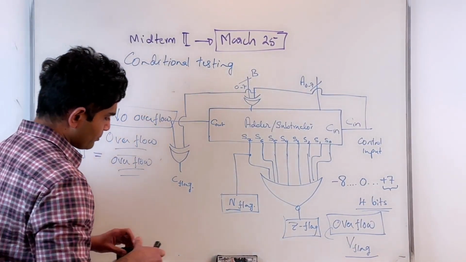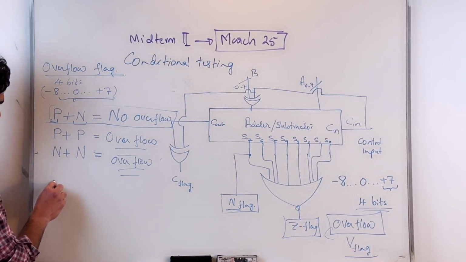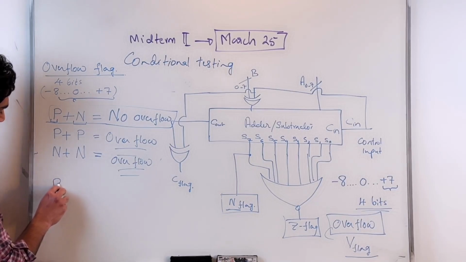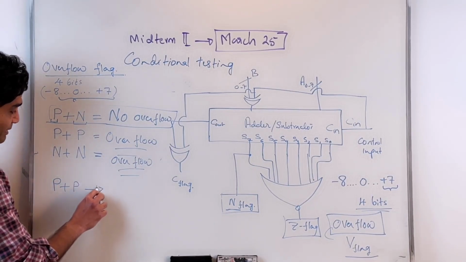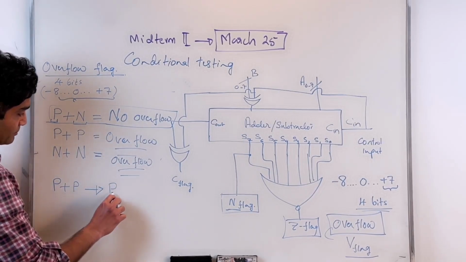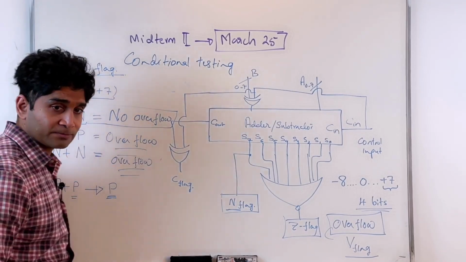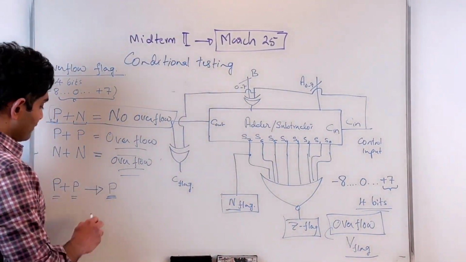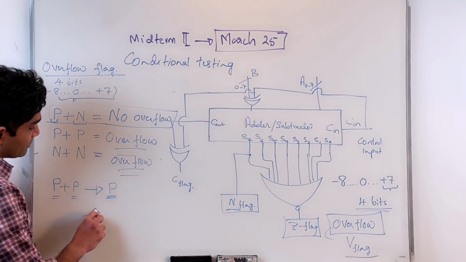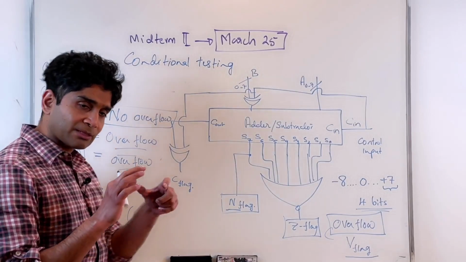Now, how do we check for overflow? When I add positive to positive numbers, I expect that I get a positive answer. Positive plus positive should give you a positive answer, which makes sense. Now, if that results in a negative answer, then I should have some kind of a flag.